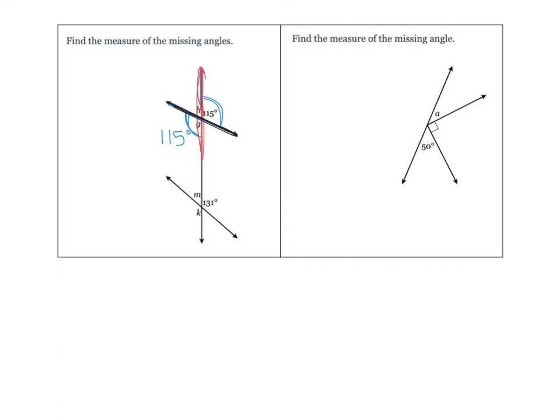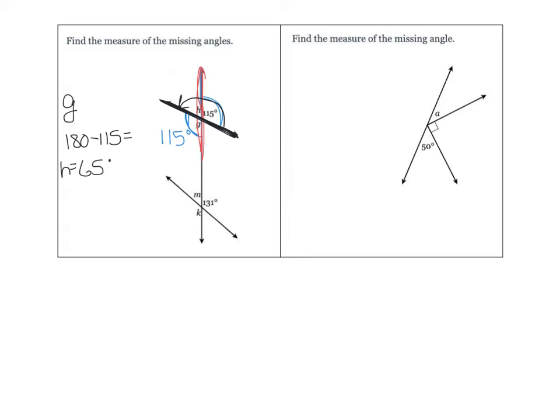Either way, maybe we'll go with this one since I just drew that in last. These 2 add up to 180, so to find angle H, I do 180 minus 115. So that gives me 65 degrees for angle H.